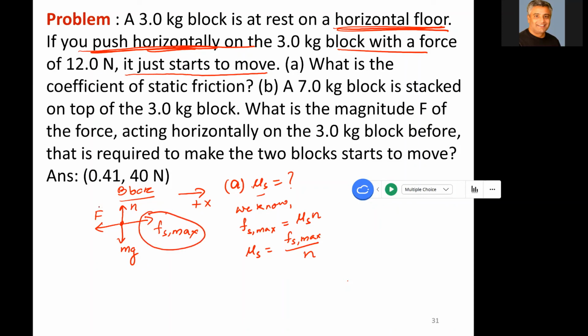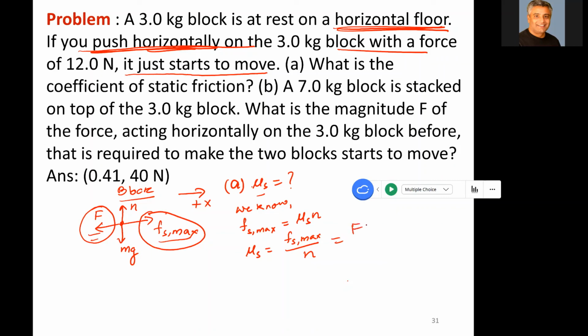Fs max is the same as the applied force. Their values are the same. Of course, the direction is opposite, right? Here, I'm just looking for the values, okay? So what is the value of Fs max, which is the same as F?